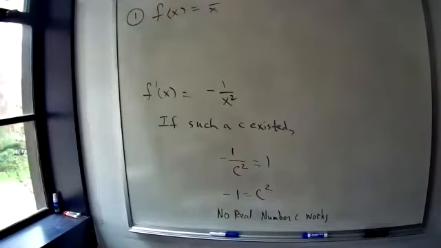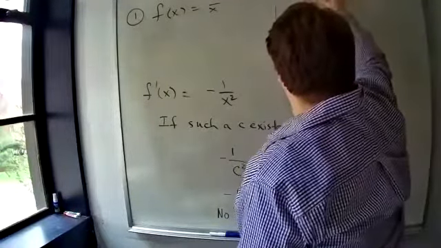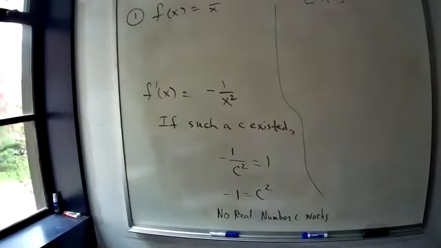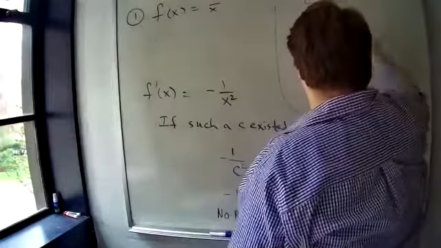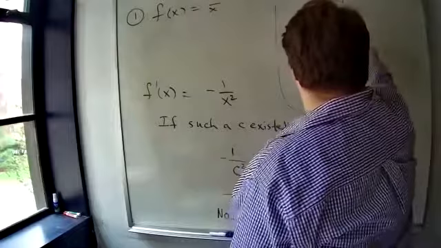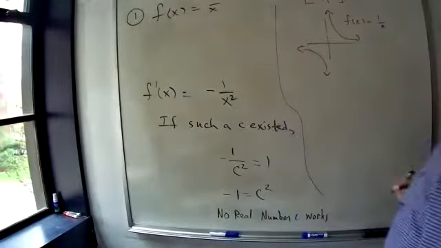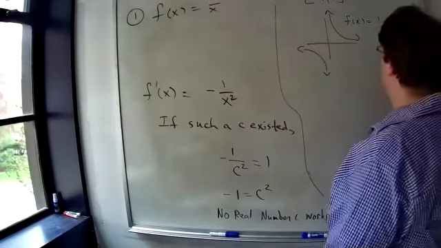Well, what are the assumptions for the mean value theorem on -1 to 1? Well, we need a function which is continuous and differentiable. Well, we just take our function 1 over x. There's 1 over x. It's not continuous on -1 to 1.